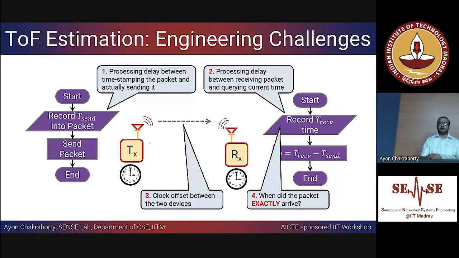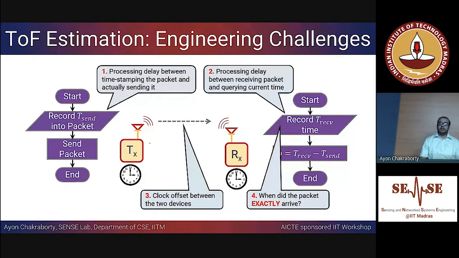The packet would be received first, and only after a certain delay it will be time stamped. But that is not exactly the time when the packet arrived, when we are talking about nanoseconds or sub nanoseconds. You have to remember that there will be some operating system or hardware latency involved.